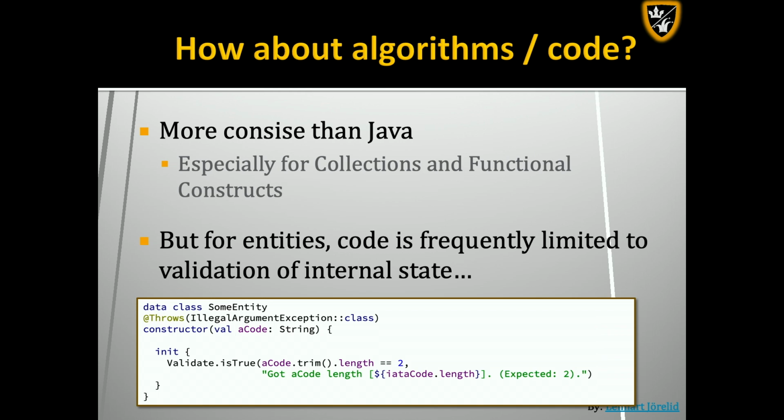But if you just reduce your field of vision to entities for a second, then basically after assigning values to the constructor, you may need to run validation mechanics, just like you would do in a post-construct annotated method in Java. And the thing is called init in Kotlin, and there you run all your verification code.